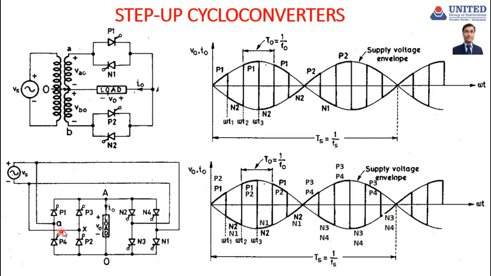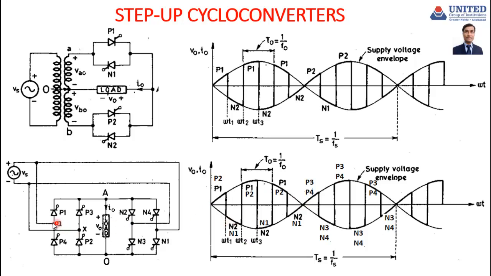When small a is positive with respect to X, there will be a positive half cycle. So during the positive half cycle, the thyristors P1, P2 and N1, N2 are forward biased from omega t is equal to 0 to pi.